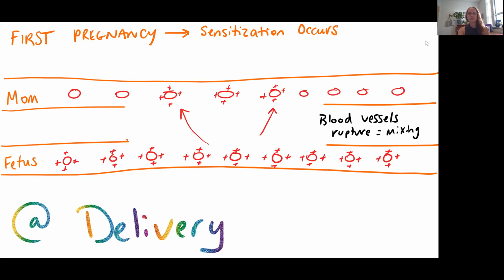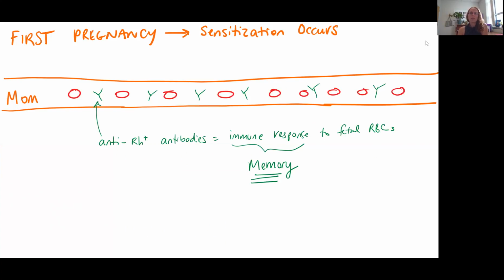Now it's kind of like she is being infected by those Rh positive red blood cells. Because those Rh positive markers are foreign markers, her body is going to produce an immune response to those fetal red blood cells. So what that means is she's going to produce anti-Rh positive antibodies.